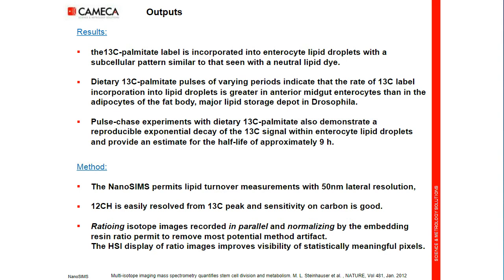They are recorded in parallel, and we have an internal reference from the embedding medium. So we remove most methodology artifacts, and the HSI display of ratio images improves the visibility of statistically meaningful pixels.